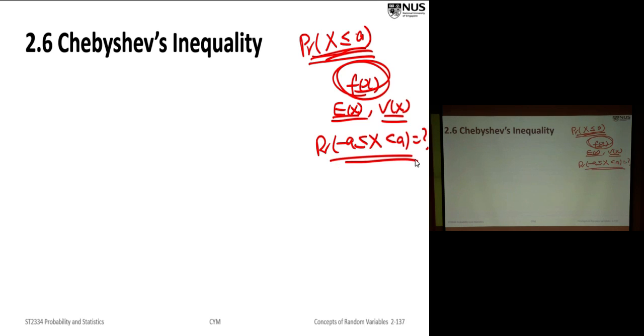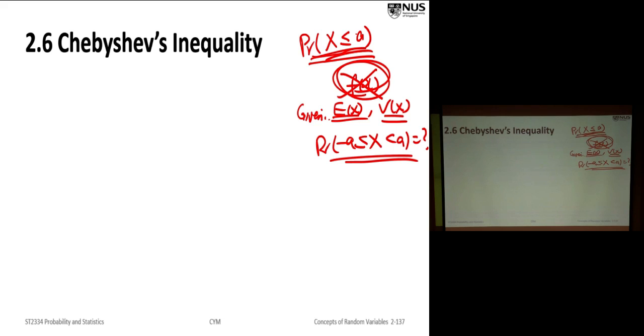Can I do that, just given these two numbers, not the PDF or probability function? Is it possible to compute the probability of x between two numbers?